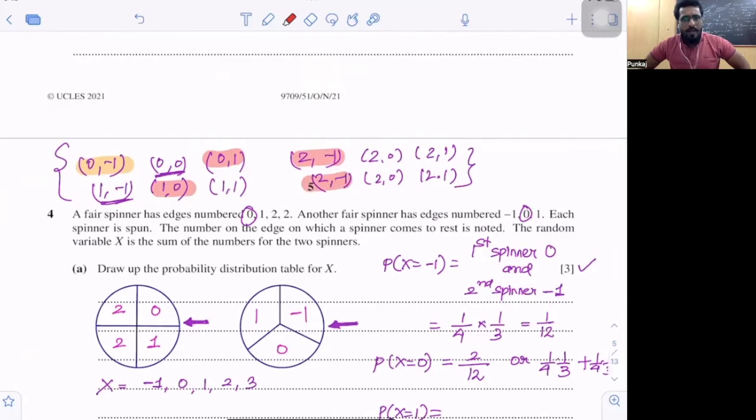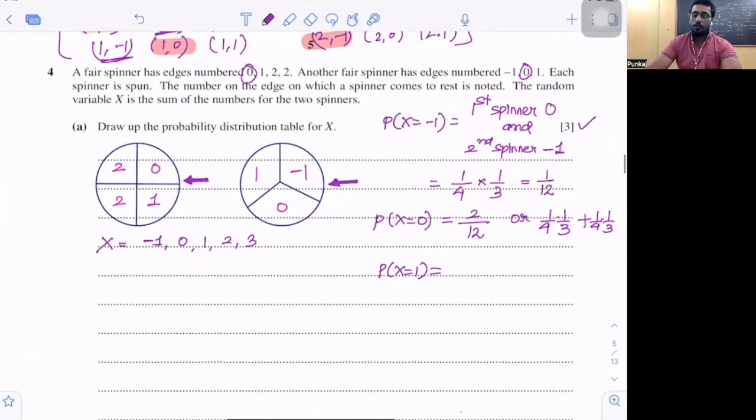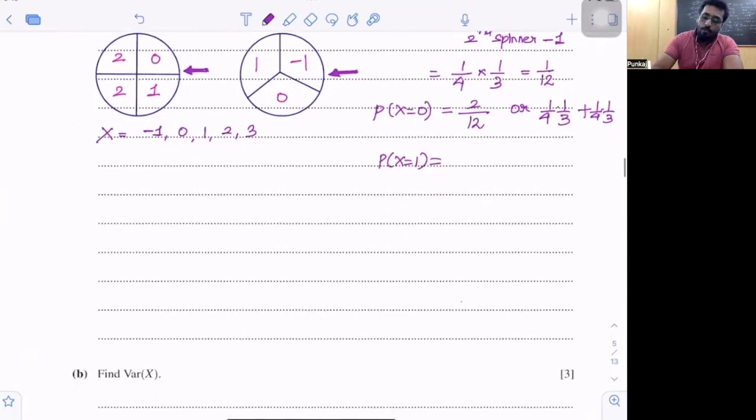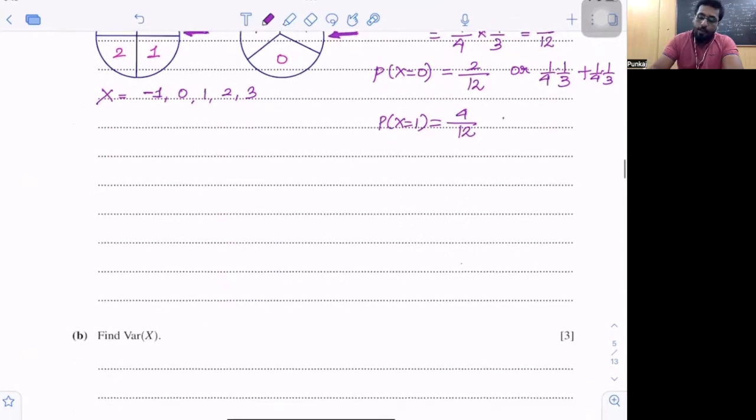Will you get the sum as 1 here as well? Right? 2 minus 1 is going to be 1. Any other possibility that you can see over here? So total 4 outcomes are there where you might get the sum as 1, and total possible outcomes is 12. So the answer is 4/12, right?